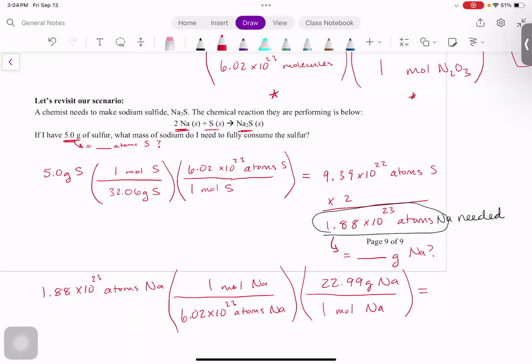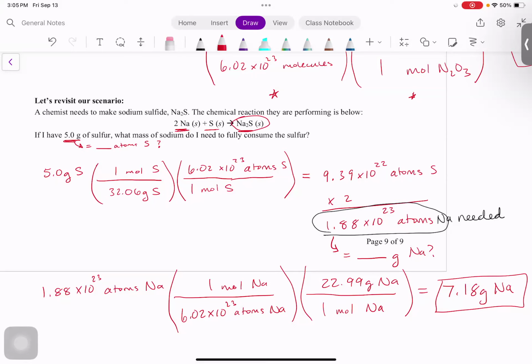So just doing the same calculation that we did, 1.88 times 10 to the 23rd divided by 6.02 times 10 to the 23rd times 22.99 grams. 7.18 grams of sodium is what I need here. So 5 grams of sulfur will react perfectly with 7.18 grams of sodium to make sodium sulfide.